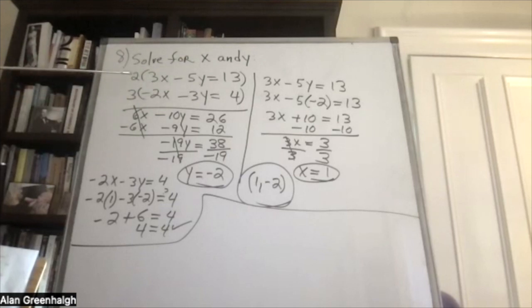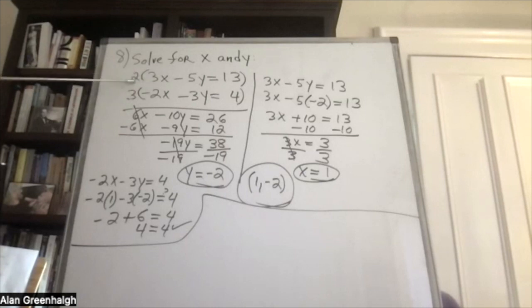So if I put the 2 up here and the 3 over there, I'll wind up with the same number, 6. See the 6? This is my goal, to get this number the same as that number, and to make sure that one of them had a negative and one of them had a positive. So that's where I got that from.